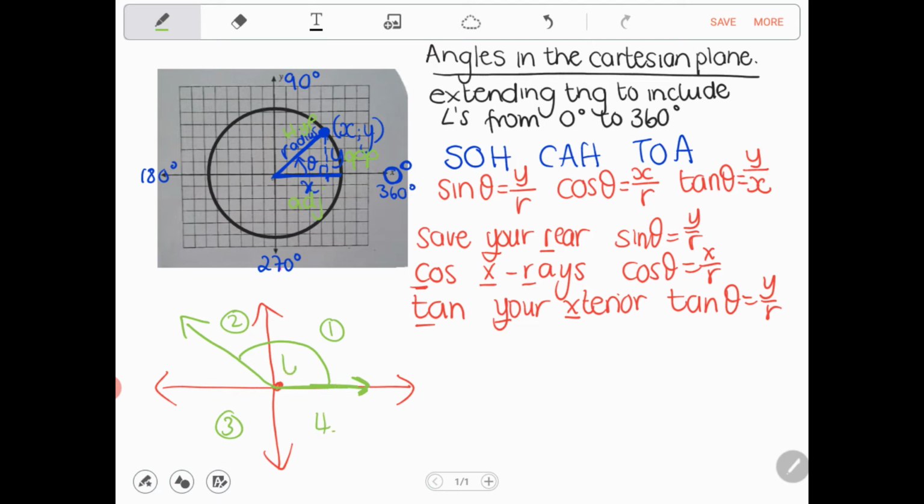So I've made an angle here, an obtuse angle of theta, and this one here is a terminal arm. So this arm will have an x and a y coordinate for that point that it stops, and it's going to have an r, a radius, the length of the terminal arm. Okay, and you could do that in any quadrant. Let's just go into the next page.